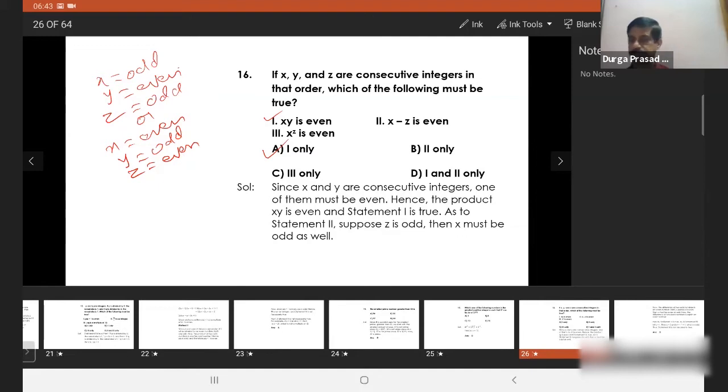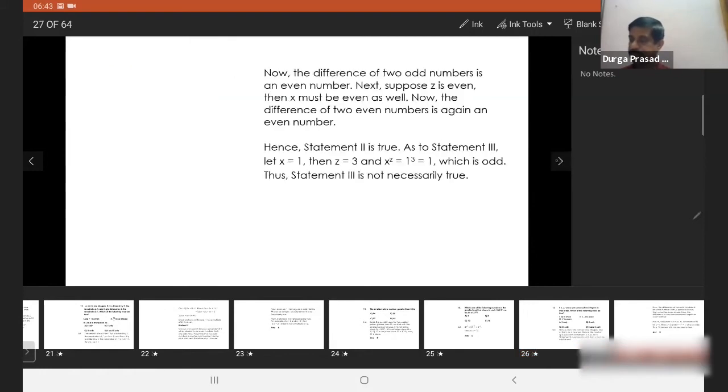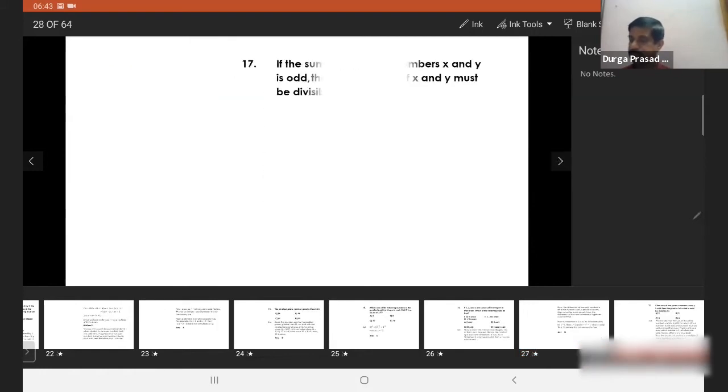Let us go to the next question. Look at this. If the sum of two prime numbers x and y is odd, see, 2 is the even prime, all others are odd.